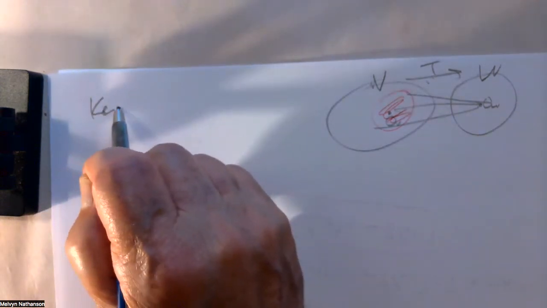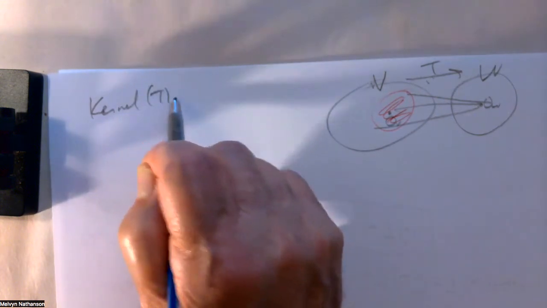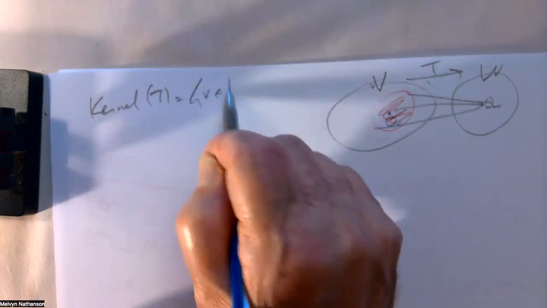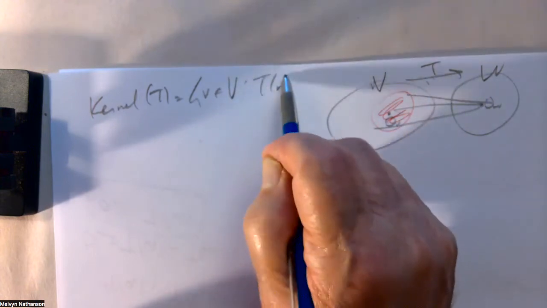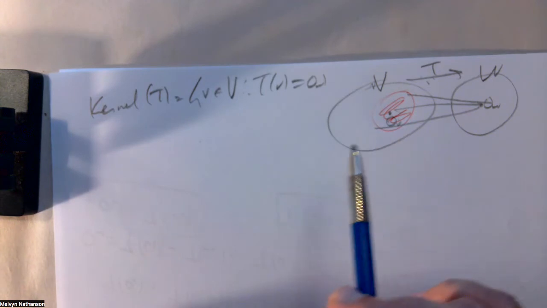So what is called the kernel of T, it's all vectors in V such that T of V is 0. It's everything that gets mapped to 0.